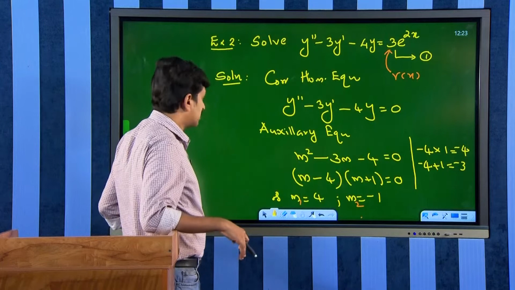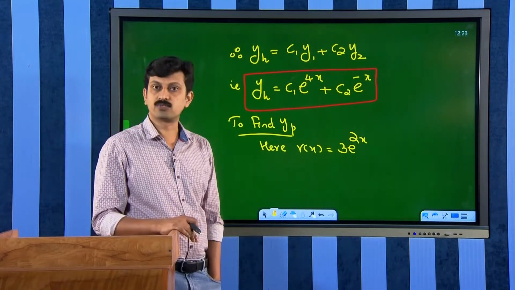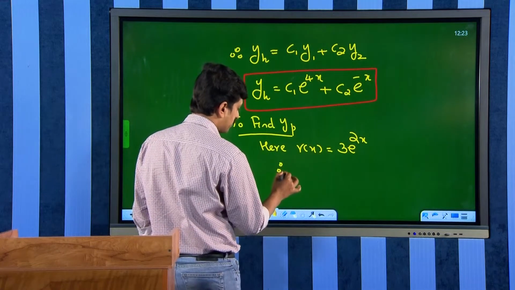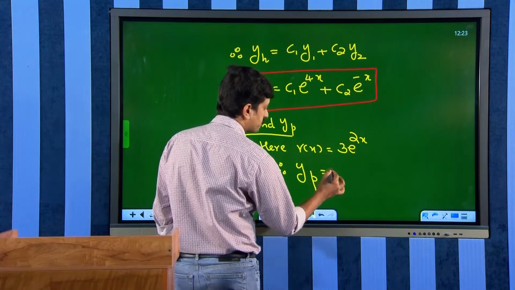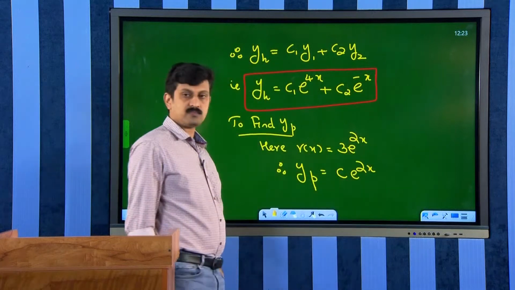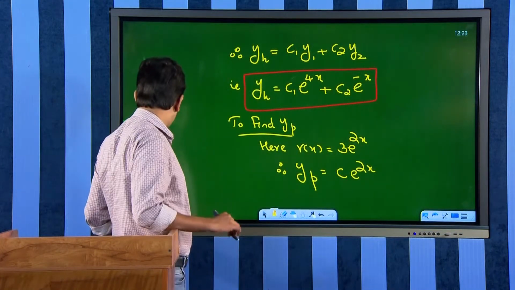Since r of x is equal to 3 e raised to 2x, therefore yp is equal to c e raised to 2x. We just need to find yp dash and yp double dash.